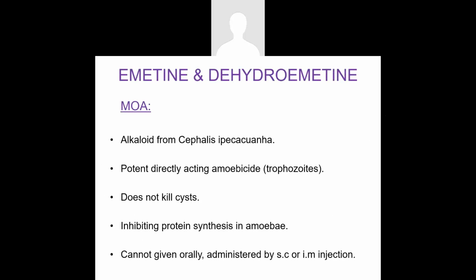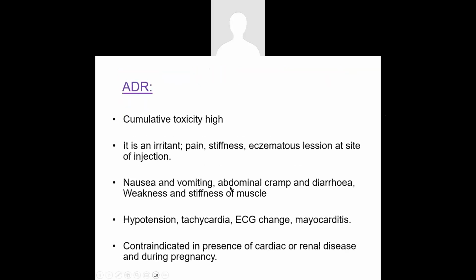بالنسبة للإميتين ودايهيدرو أميتين, هي alkaloids من cephaelis ipecacuanha, potent direct acting amoebicide on the trophozoite, does not kill the cyst, inhibits protein synthesis, cannot be given orally.